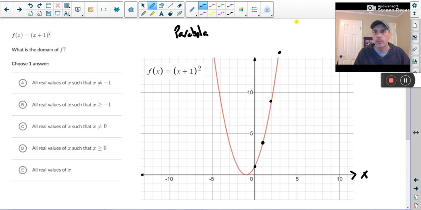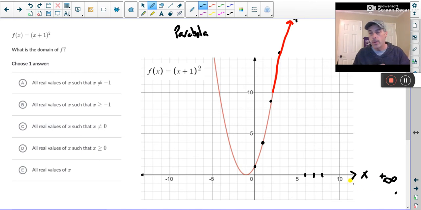Well, yeah, it's probably way up there somewhere. I can't really see it. But what I can imagine is that this parabola keeps growing and growing and growing and keeps going that way. So even though I don't see it on my graph, there is some output at 6, at 7, at 8, at 10, all the way out to positive infinity.